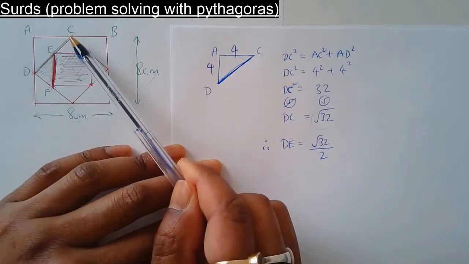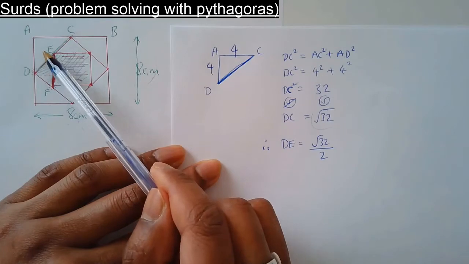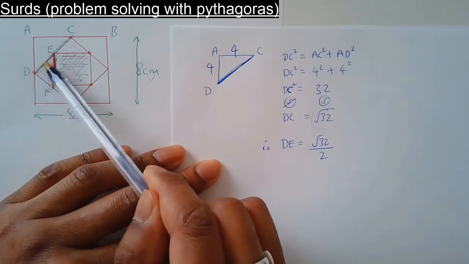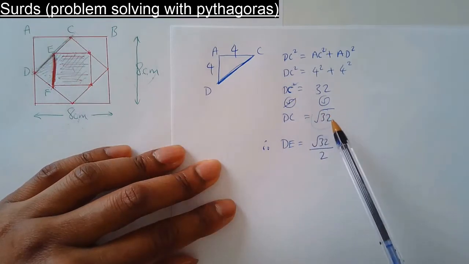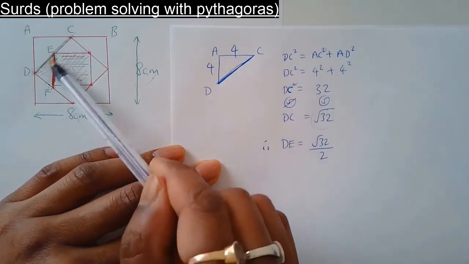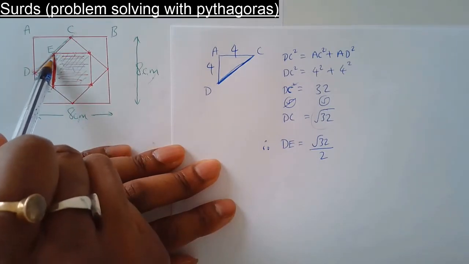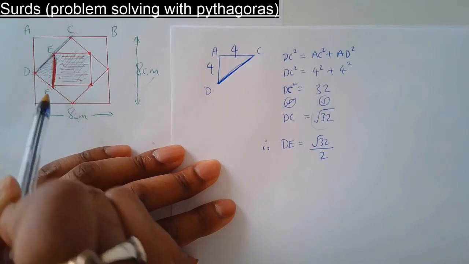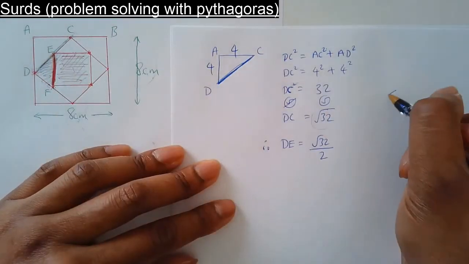So we've established that DC is root 32, and we know DE is half of that. So half of root 32, divided by 2. That's DE. And so now what I want to do is sketch this triangle for me to be able to work out this red line over here.